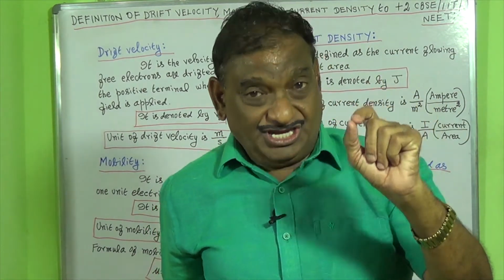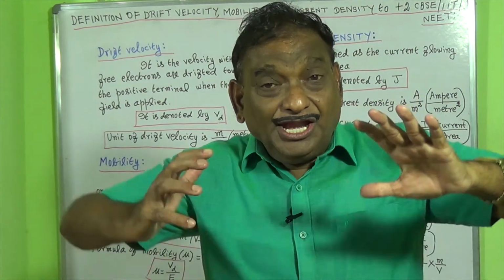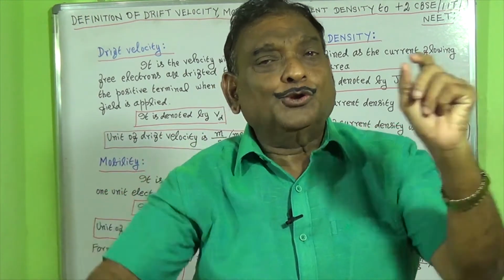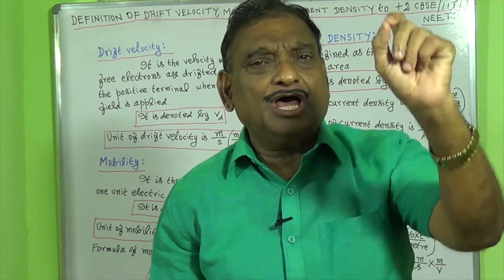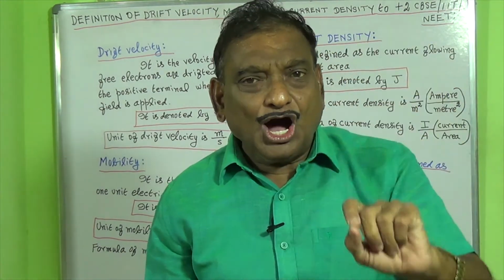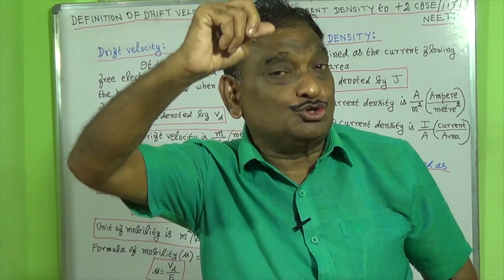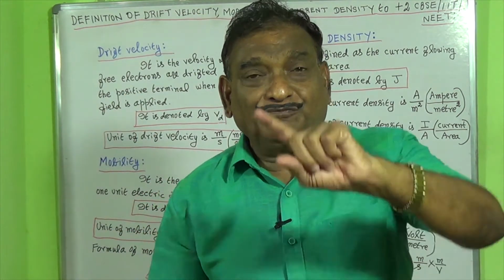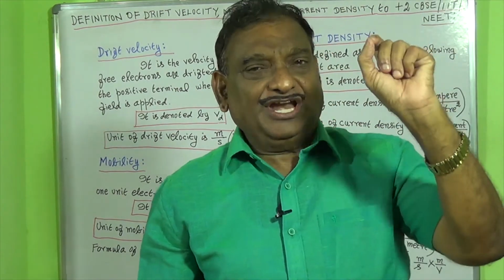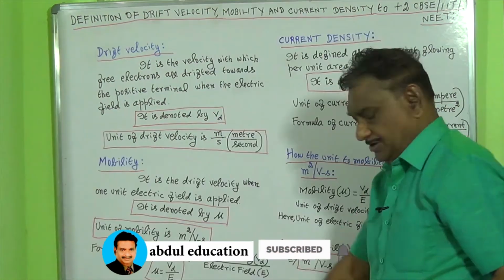The difference is, in the case of drift velocity, any amount of electric field can be applied to drift the electrons towards the positive terminal. But in the case of mobility, 1 unit electric field is to be applied to drift the electrons towards the positive terminal. This is the difference between the drift velocity and mobility.